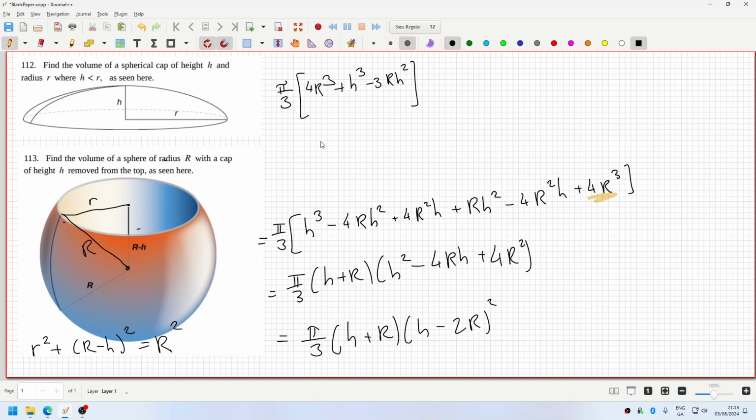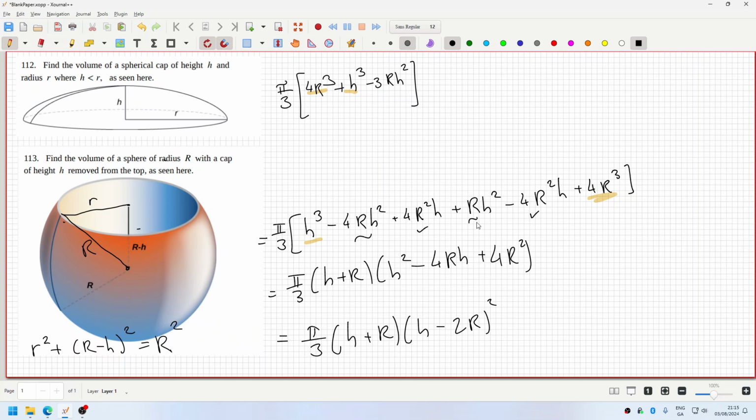There's 4r cubed. There's h cubed. And then minus 3rh squared. Notice that this and this cancel, and that is indeed minus 3.